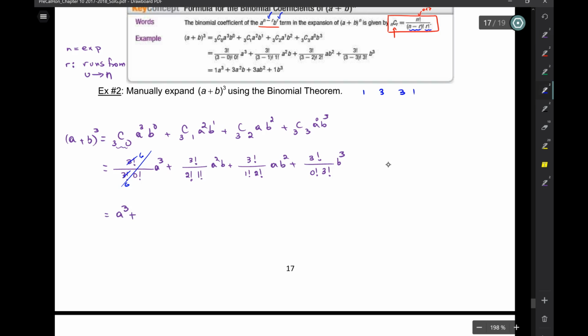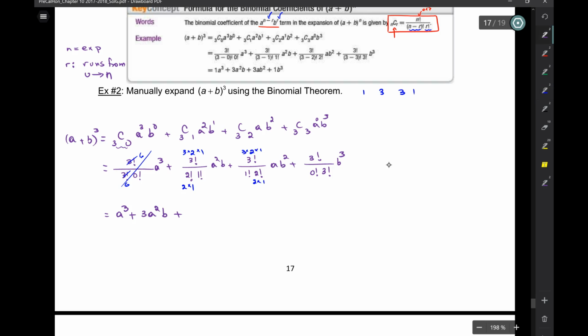Plus. Okay, now look. Here I have 3 times 2 times 1 and here I have 2 times 1. Remember how we did this? Everything that they have in common goes away. So I just have the stuff that's not in common. So 3 a squared b. Plus, same thing here, right? 3 times 2 times 1 over 2 times 1.